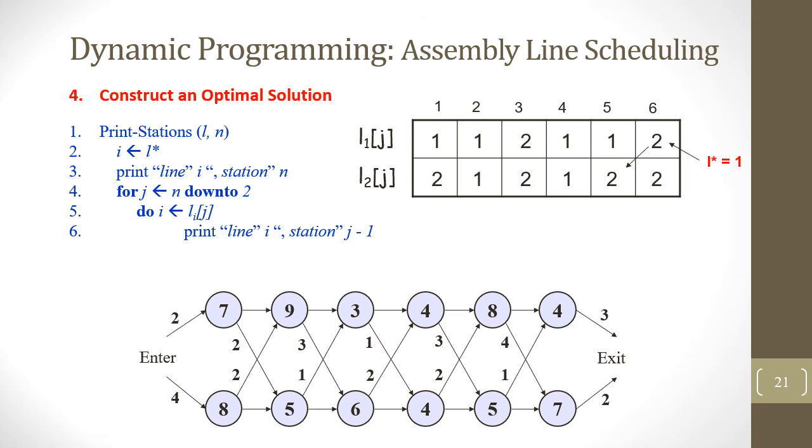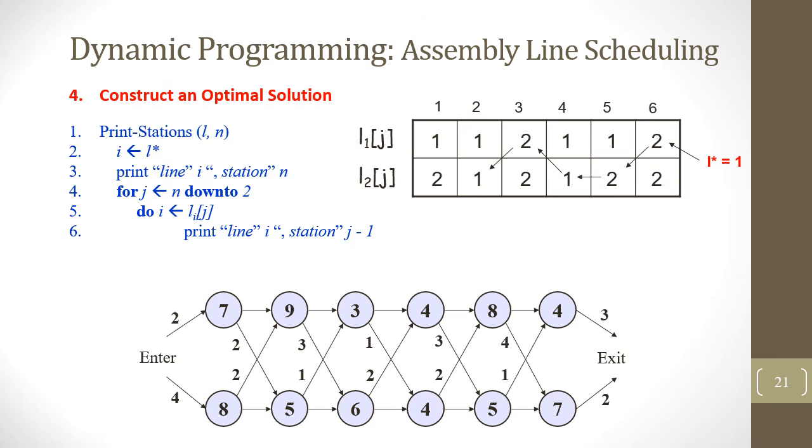So we go to the fourth index of the second line. On line 2 station 4, we reached here from line 1. So for the third station we move to line 1. And we came to station 3 on line 1 from line 2 station 2.